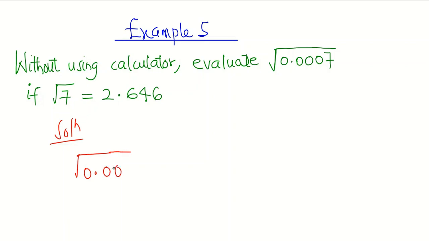All right, so we have this, and to continue, we can see that this 0.007 can be written in standard form, and in standard form we are going to have 7 times 10 exponent minus 4.